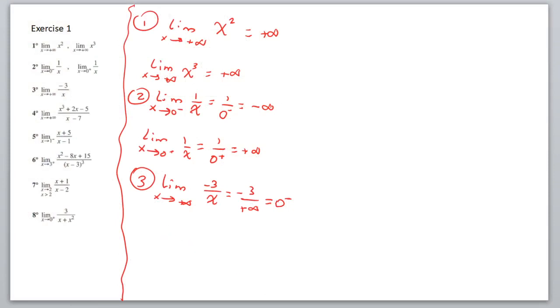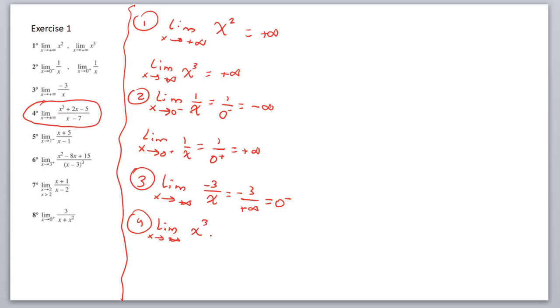So it's 0 minus. In number 4, limit as x tends to plus infinity of x cubed plus 2x minus 5 over x minus 7. When we find the limit at infinity, we take the highest power over the highest power, which is very easy.